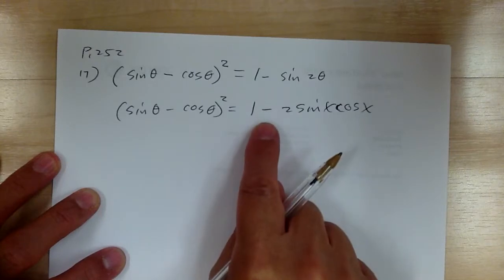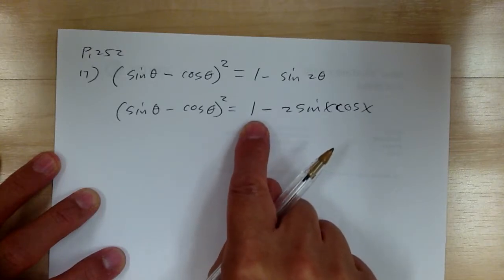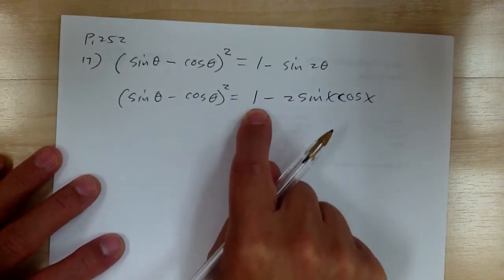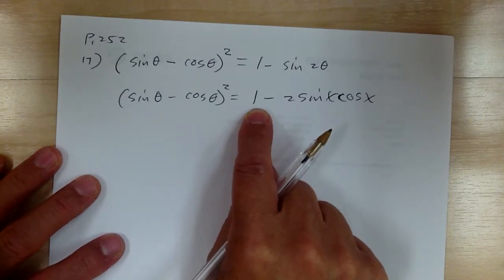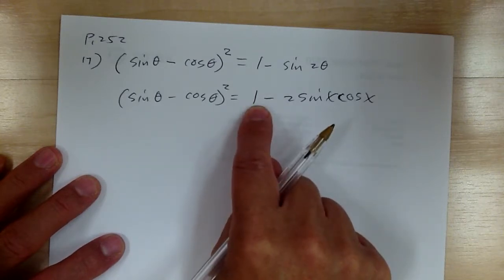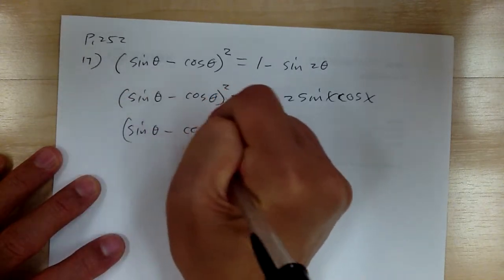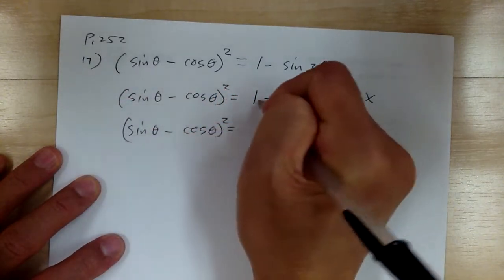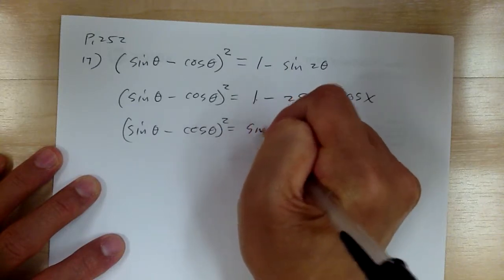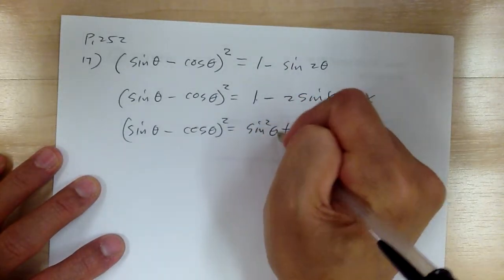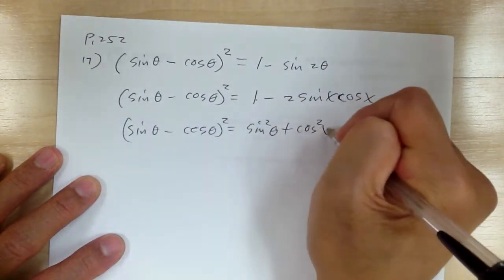Okay, so what you need to do is change this using the Pythagorean identity. Again, whenever you're going to convert the 1, that's your sine square plus cosine square. So change the 1 into sine square theta plus cosine square theta.